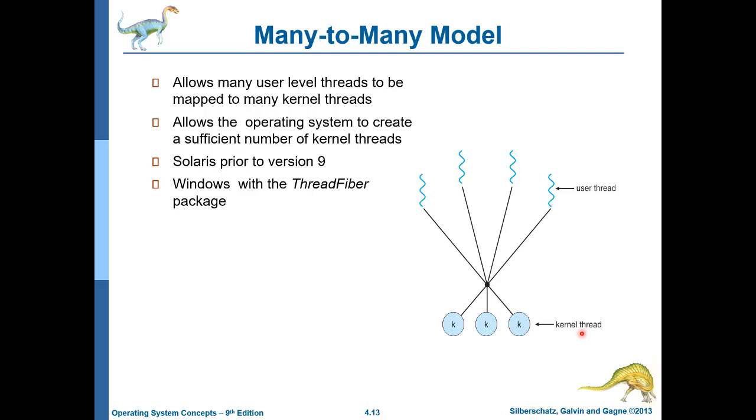Let's say 10 or 20 kernel level threads can be created by the operating system, and any user level thread that wants to use a kernel level thread can just communicate with any of the available kernel threads. Windows with the ThreadFiber package uses this many-to-many model.